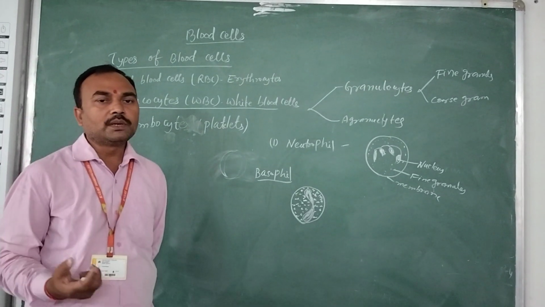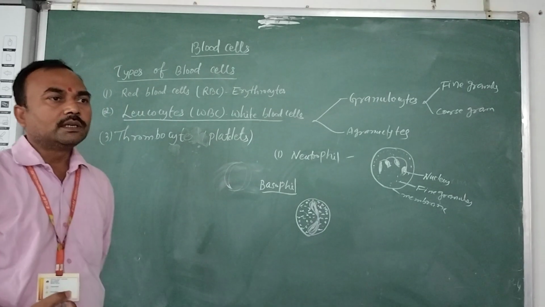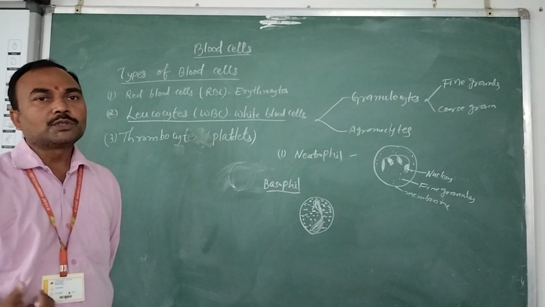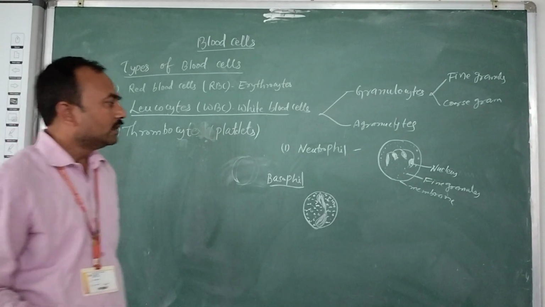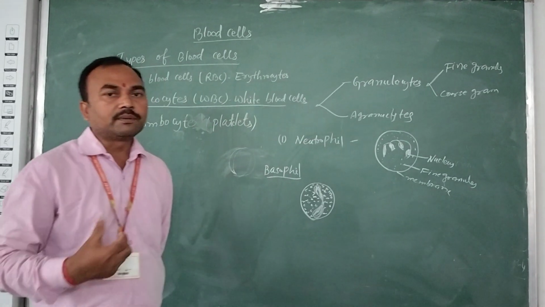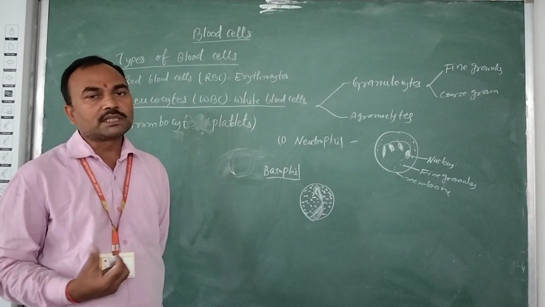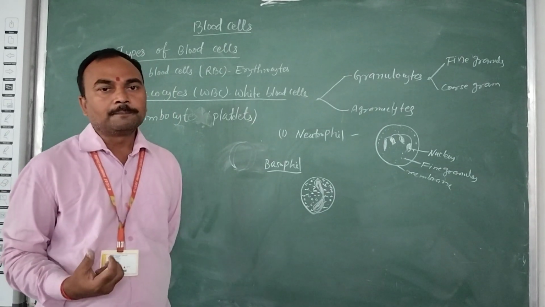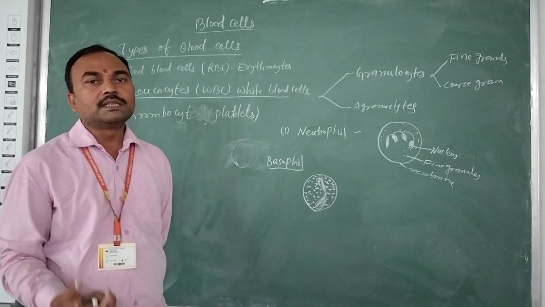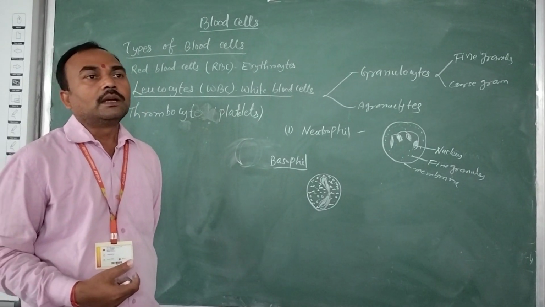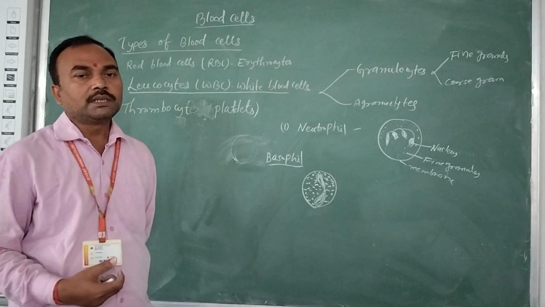Once the basophil number is less than 0.2%, we can say basopenia. Similarly, when the neutrophil number is higher than 70 or sometimes 65, we consider it neutrophilia. When the neutrophil number is less than 40, we say neutropenia. What is the meaning of that?